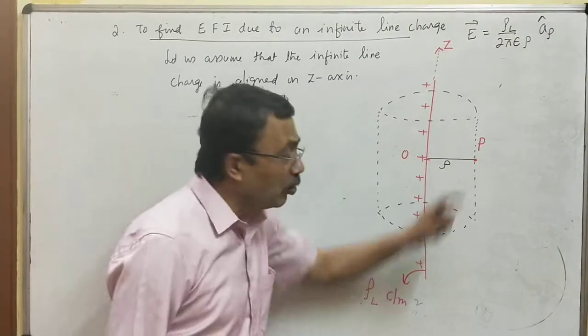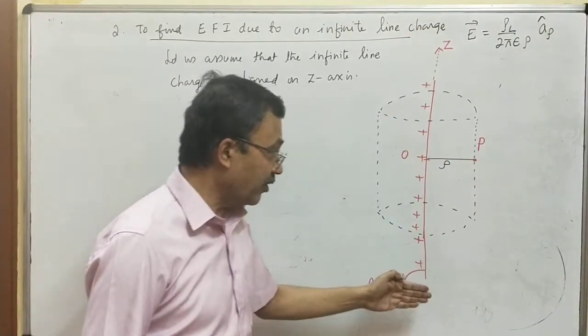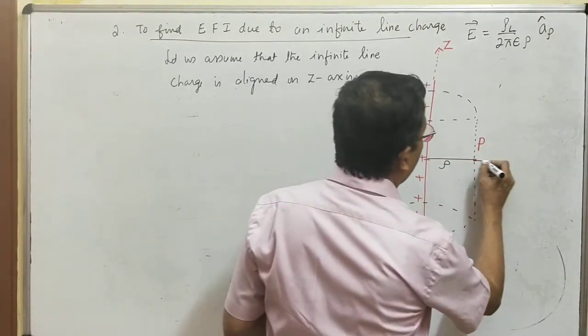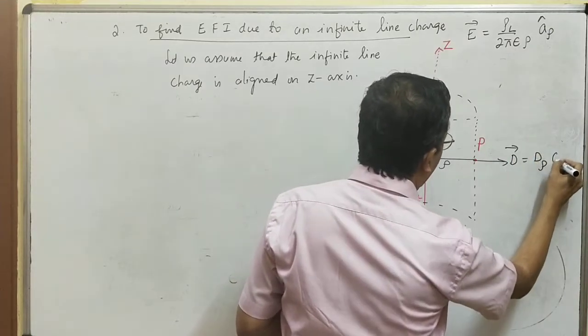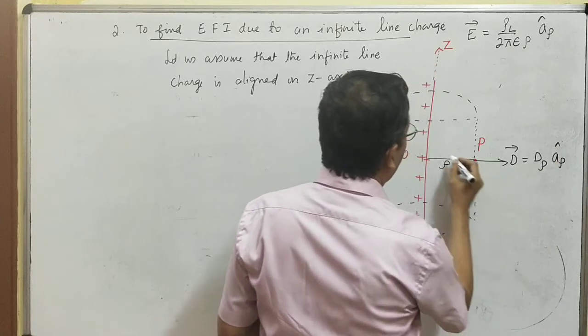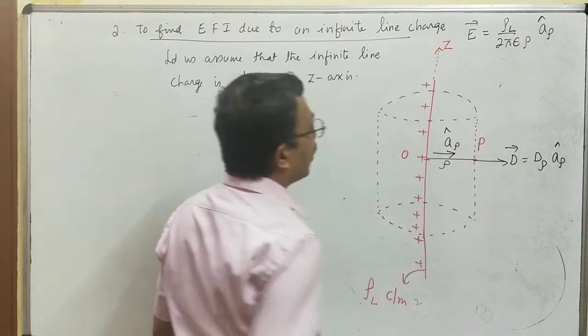If you keep 1 coulomb charge at point P, it will be repelled by this infinite line charge. That means this is vector D. Vector D is what? D rho into A rho cap. What is A rho cap? Unit vector in the direction of rho is A rho cap.